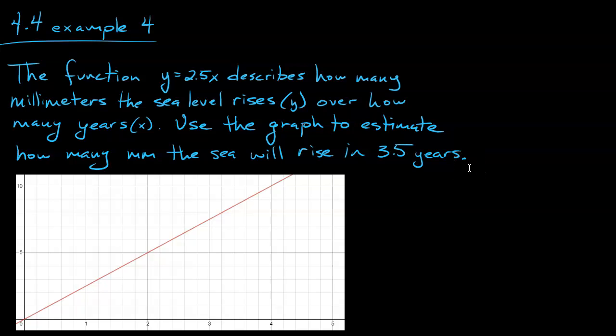The function y equals 2.5x describes how many millimeters the sea level rises over how many years. So x refers to the number of years, and the answer is the millimeters the sea level has risen, so y. Use the graph to estimate how many millimeters the sea will rise in 3.5 years.